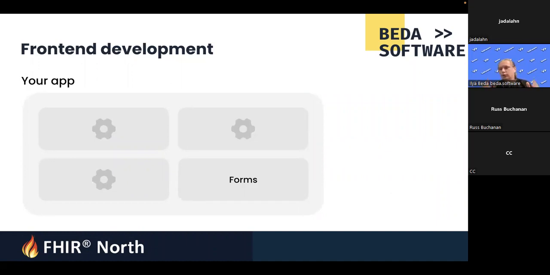It consists of a lot of parts, but today we will focus only on one dedicated part of your app, and that is forms, because forms are part of any application. They are the simple way to take data from a user and ingest it into your application. Let's do the same trick with forms, and let's think about how we can build these forms.